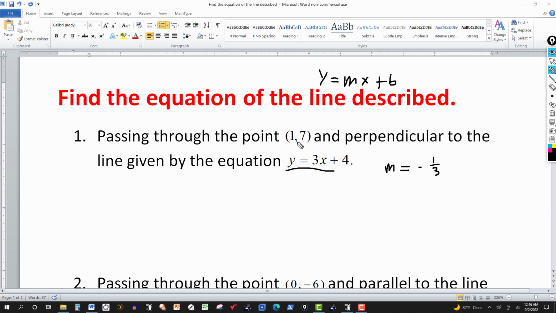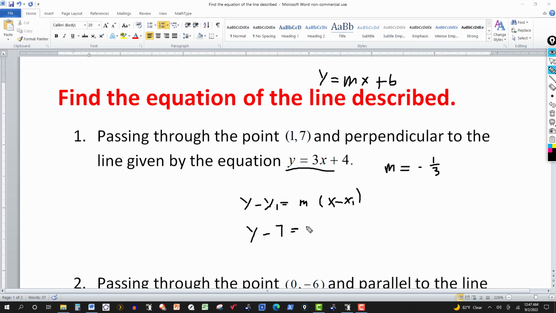So we have a point and we have the slope now, so we can use what is called the point-slope form, y minus y1 equals the slope times x minus the first component of that point. So this gives me y minus 7, since y1 is 7.